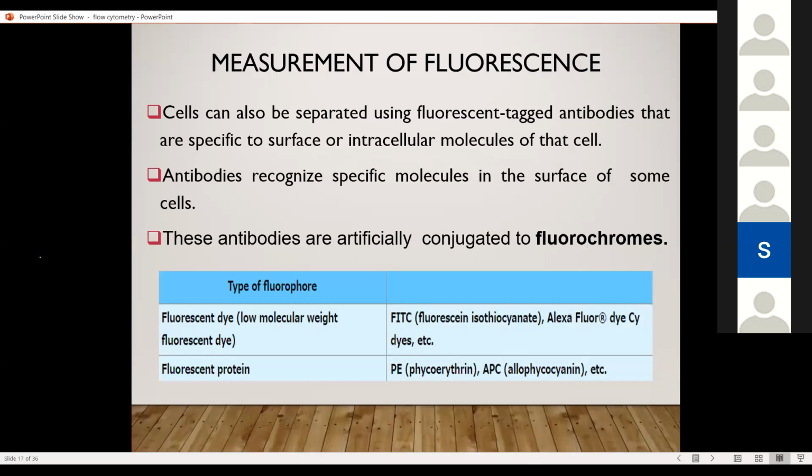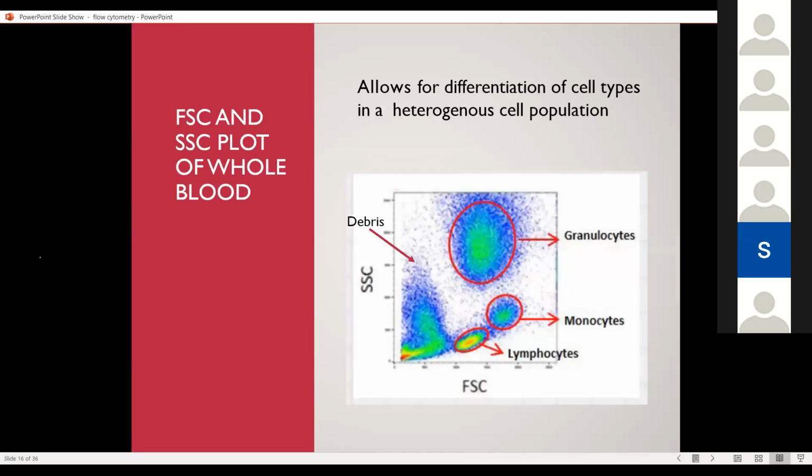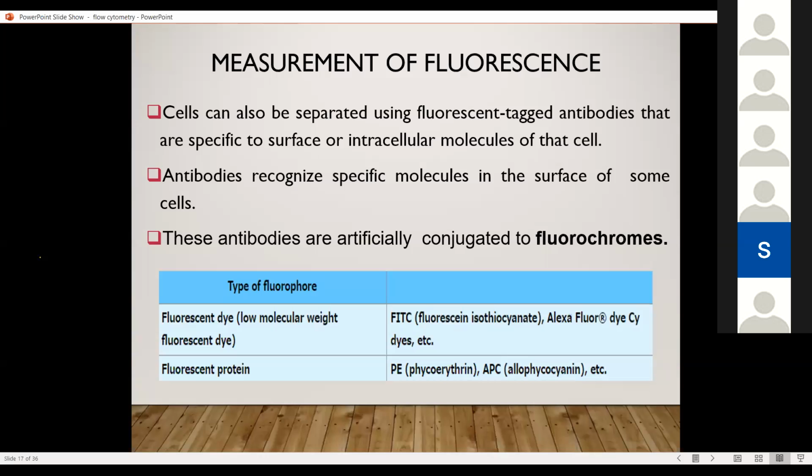Measurement of fluorescence. As I already told you, we need fluorescent tagged antibodies in flow cytometry to differentiate the cell population. Cells can also be separated using fluorescent tags. Here I have shown you a blood population differentiated just on the basis of cell size and granularity. Now I am going to explain how fluorescent tagged antibodies are used in flow cytometry to differentiate cell populations.